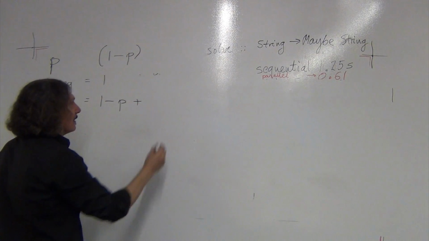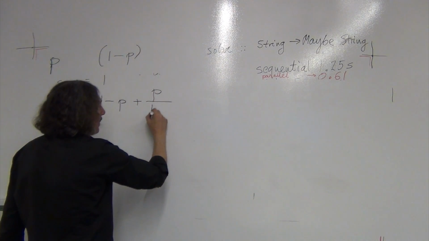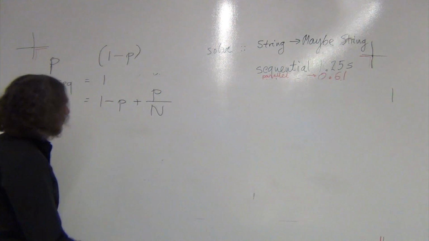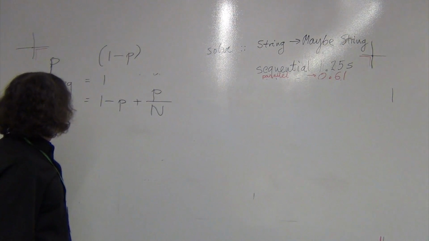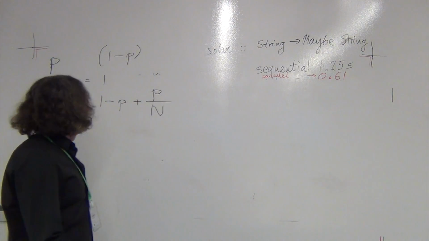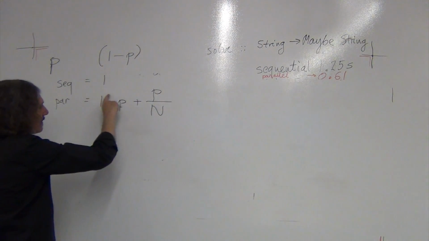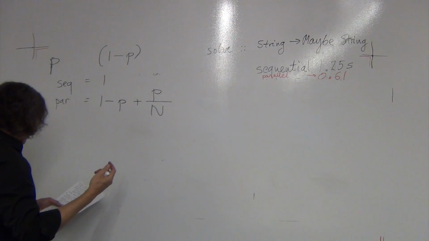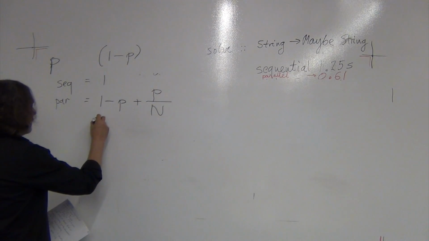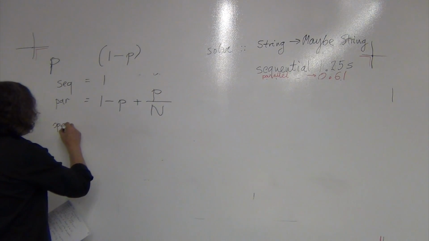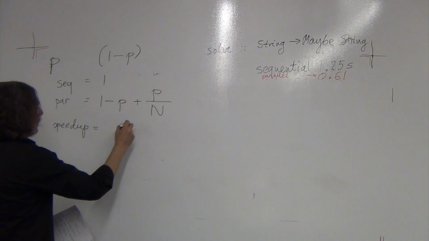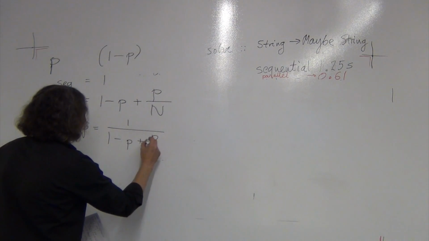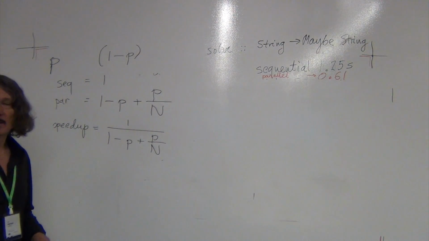But the parallel part will run faster. It will be P divided by N, where N is the number of processors. So the speed up is dividing this by this. It will be a number that's greater than 1. So the speed up is 1 divided by 1 minus P plus P over N. Okay? This is Amdahl's law.